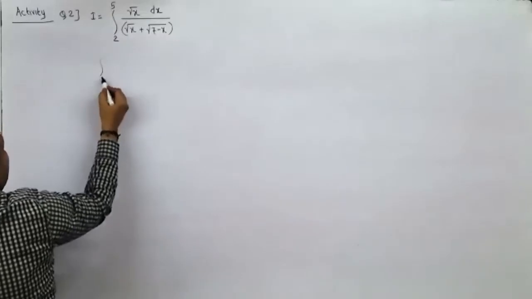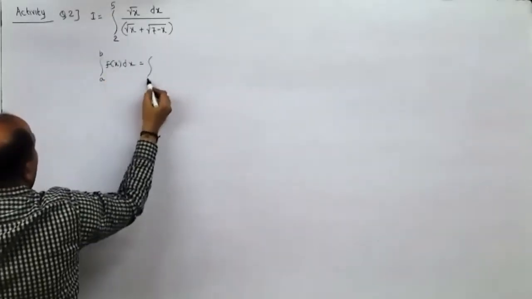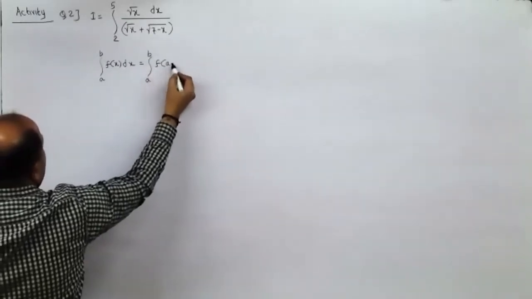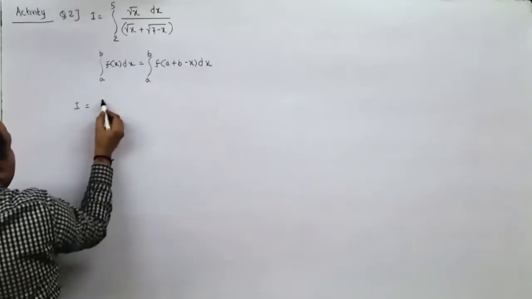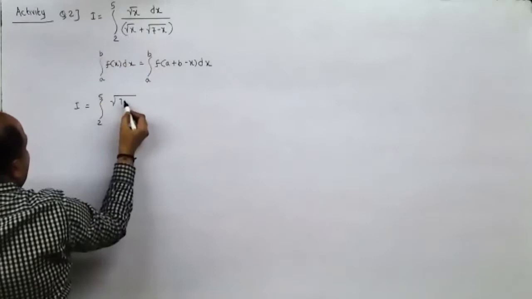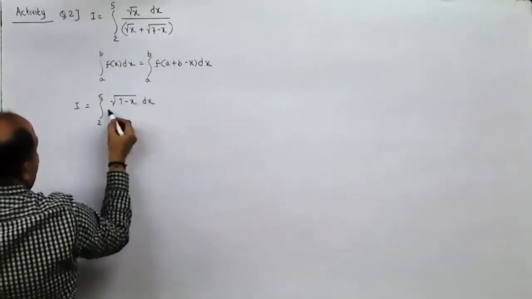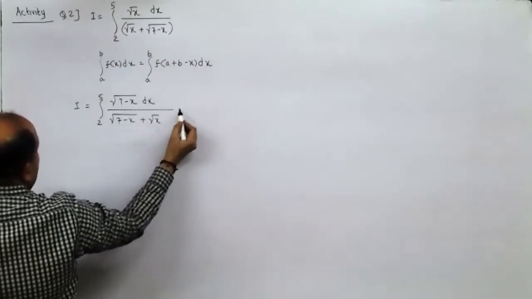So apply the property a to b f of x dx equal to a to b f of a plus b minus x dx. This would be I equal to 2 to 5, root of 2 plus 5, 7 minus x. Here x would be replaced with 7 minus x, and 7 minus x would be replaced with x.